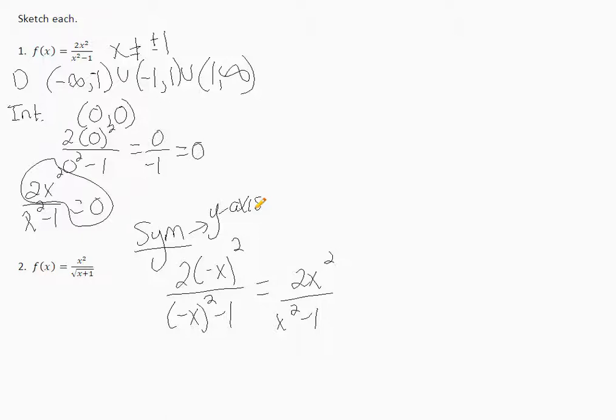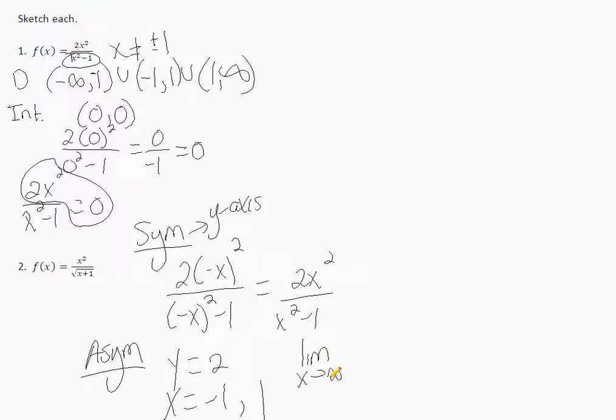Asymptotes. If I look at this, horizontal, the degree of the numerator equals the denominator. So y equals 2, because it's just 2 over 1, leading coefficient over leading coefficient. And vertical would be 1 and negative 1, because that's what makes my denominator 0. If I wanted to make a limit statement for that, the limit as x goes to infinity of my function is 2.